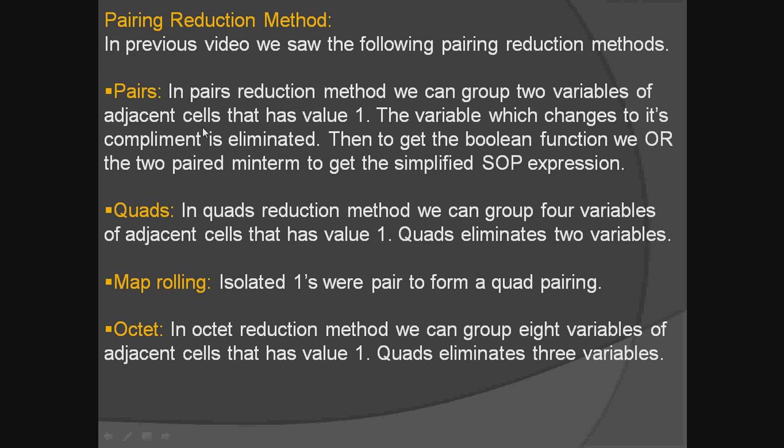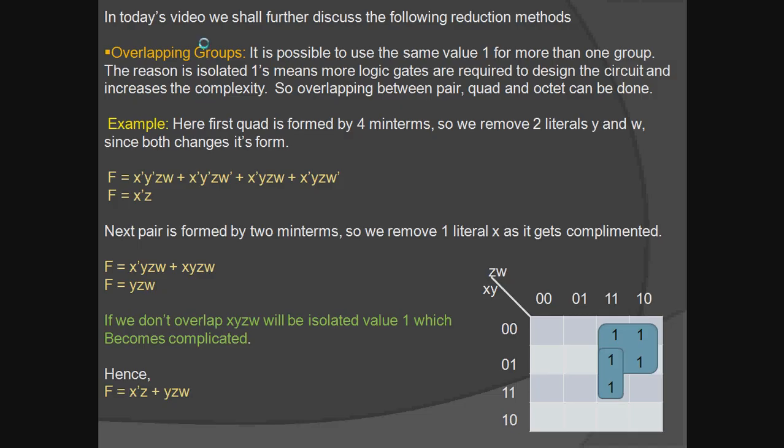In today's pairing reduction method, the continuation of it, the first one is overlapping groups. Just like map rolling, overlapping groups is also a different method. Here it is possible to use the same value, that means the value 1 assigned to the literals, for more than one group.